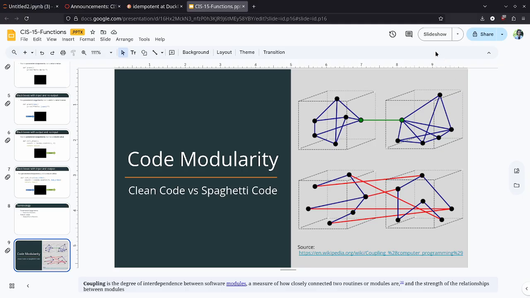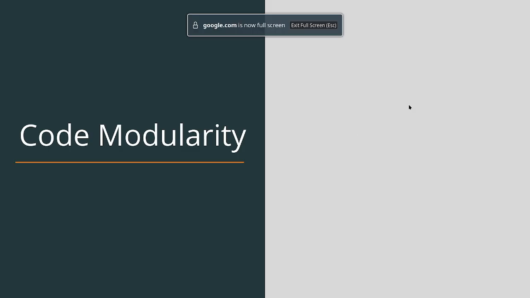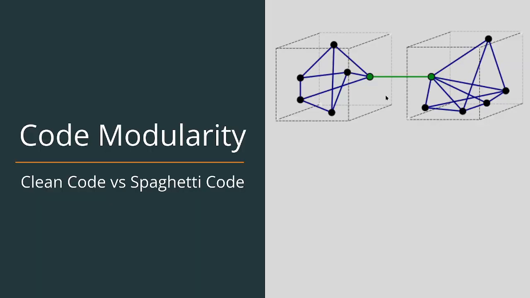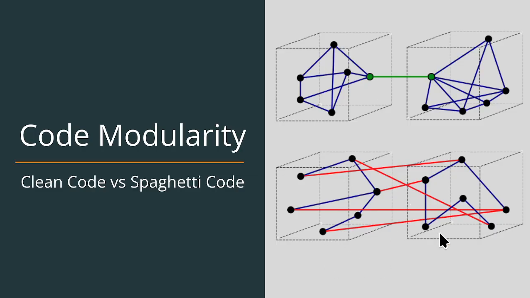Basically, functions, if used properly, are going to look like this top diagram here. The top diagram is where we have clean code, it's modular. Functions are working with each other. One function is doing something, and then it's sending info to another function, through one link only. So this is an example of clean coupling. Coupling means they're working together. An example of arguably spaghetti code would be like this.